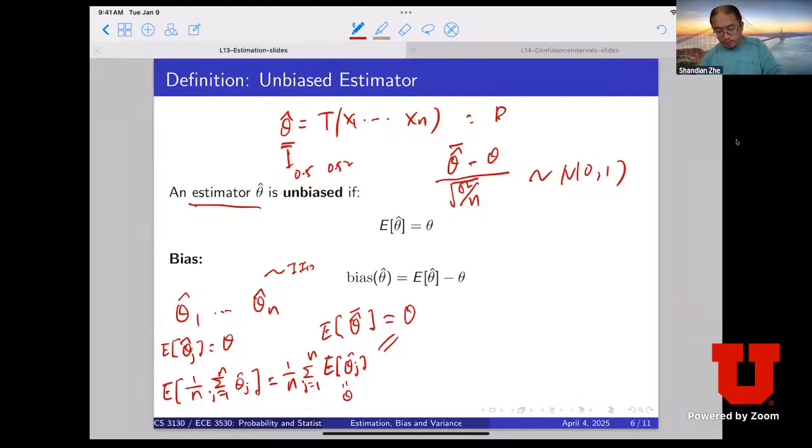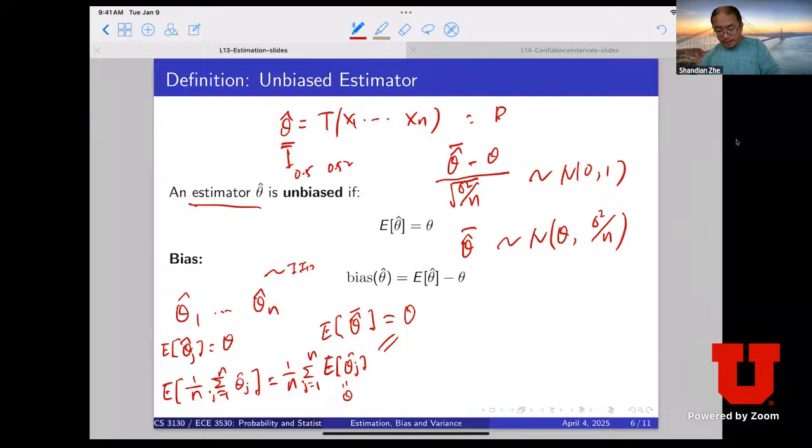In other words, your average estimator will approximately be viewed as a Gaussian distribution with mean theta and variance sigma squared over n, where n is the number of rounds of experiments you get.